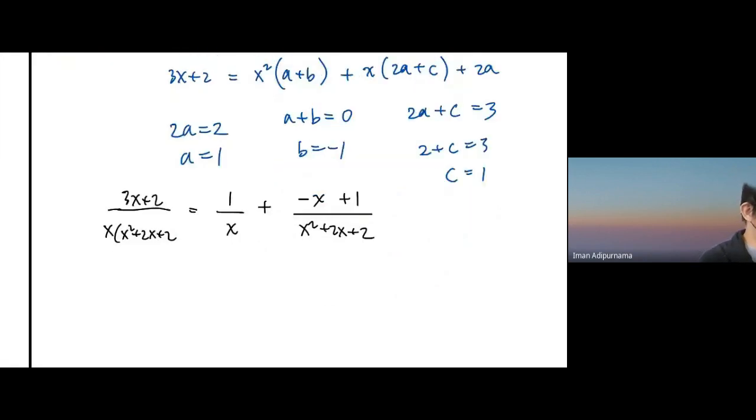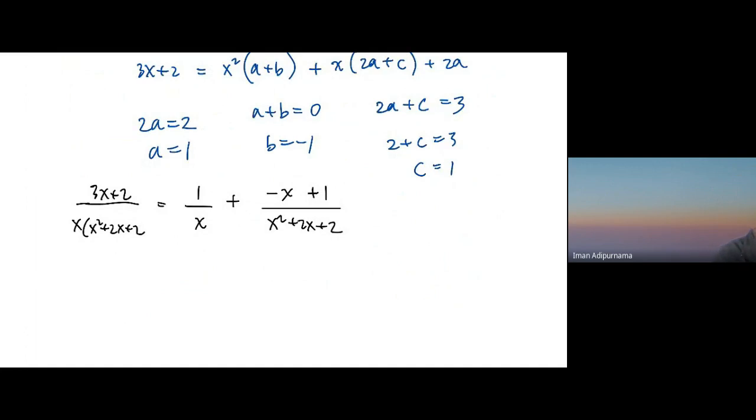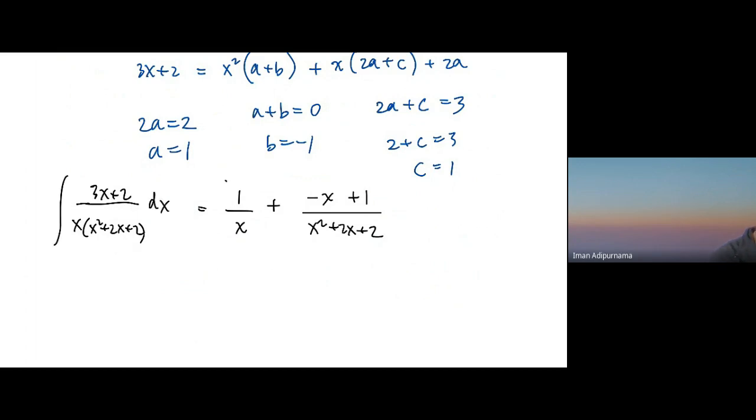Okay. Now the problem is we need to integrate this. So integrate dx, integrate dx, integrate dx. Now, I think the partial fraction is okay. The difficult part is the last integration here.